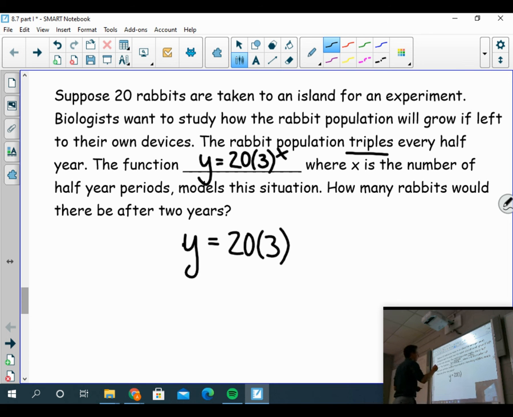Well, if we're tripling every half year, and we do that for 2 years, there will be 4 times that we triple, right? At the 6-month mark, the year mark, the year and 6-month mark, and the 2-year mark, okay? Make sure you understand that x is the number of times the rate of change occurs, not just the physical time value, okay? So when we solve this, we do 3 to the 4th and we get 81.